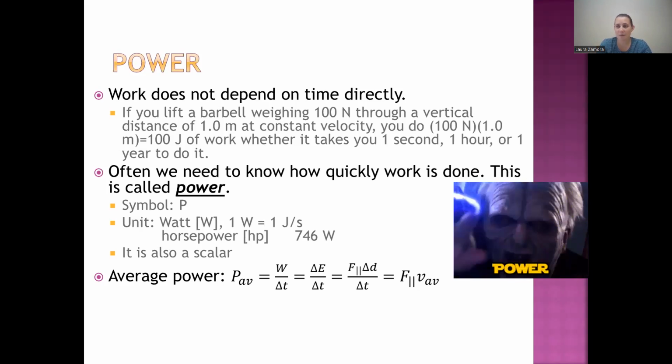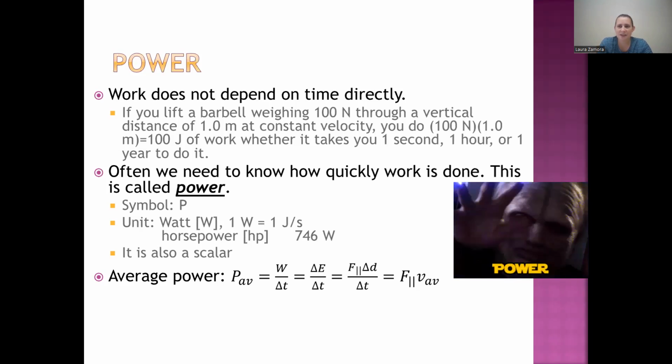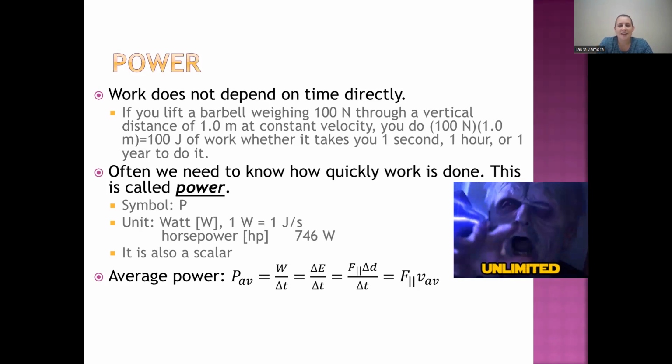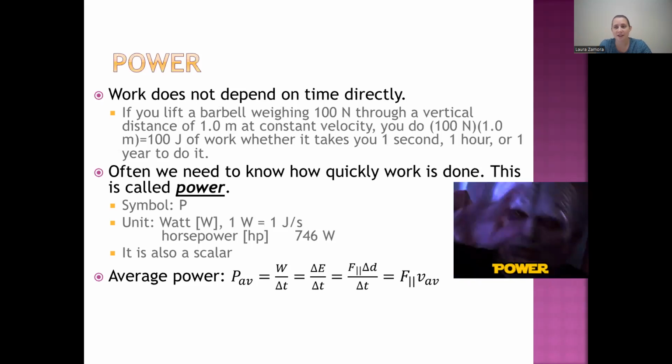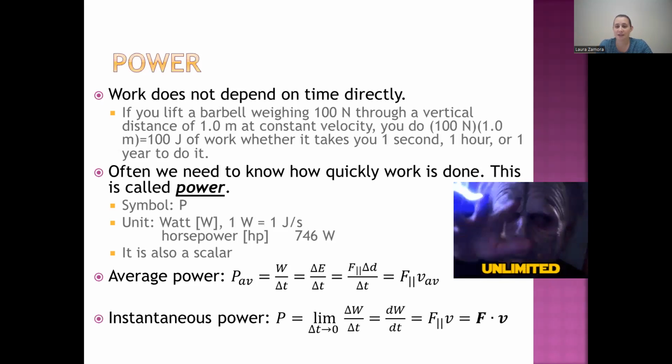But we also should remember from the second week of class, maybe, that our change in distance over change in time is how we calculated average velocity. So power is also that parallel force times our average velocity. Whew, lots of ways to calculate it.